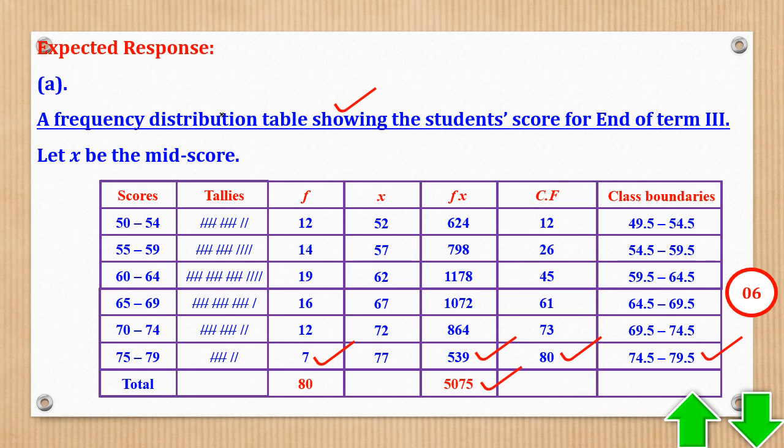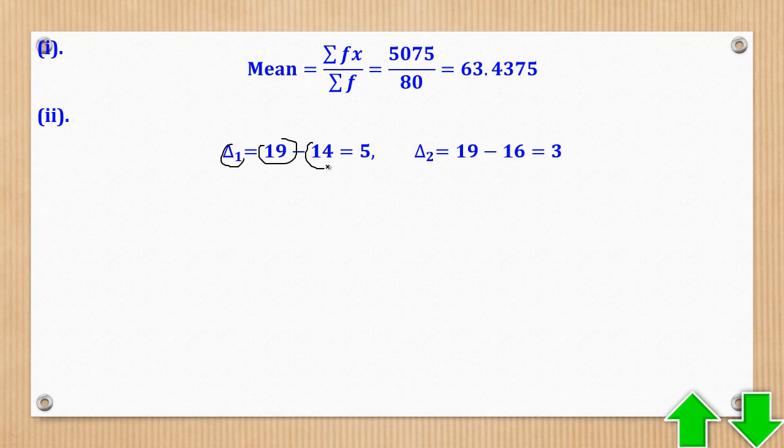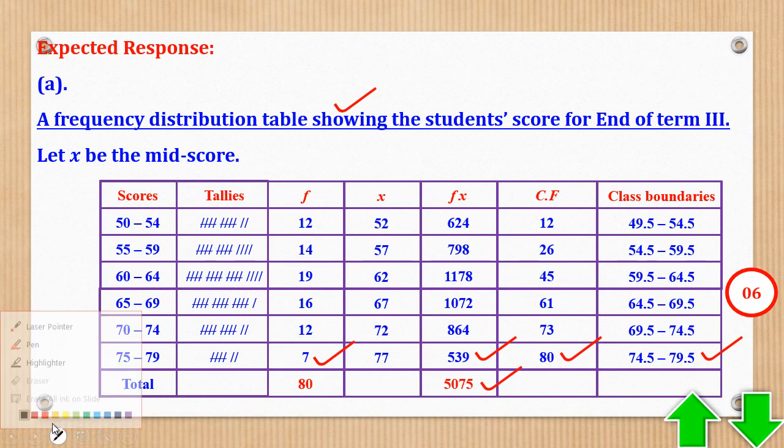Okay, then now we can answer the questions. One, we need to get the average score. These formulas are there in the logbook, for the average score and also the mode. You need to first get the difference between the modal frequency and the pre-modal frequency. Let's go back to the table and see how to get it. First of all, the modal class is the class with the highest frequency.